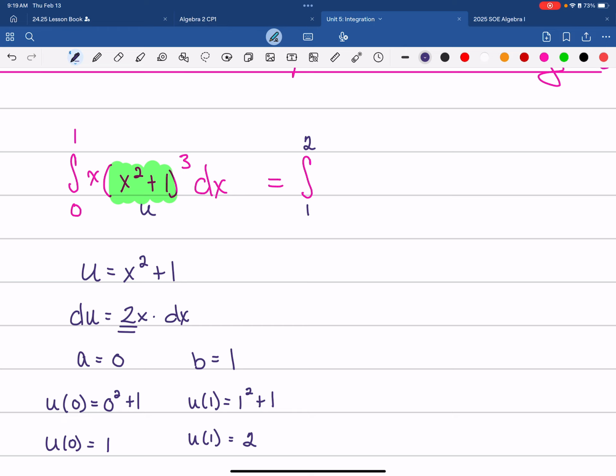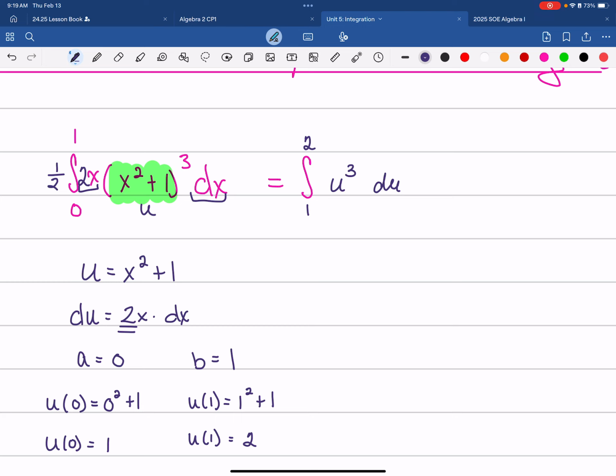So as a reminder from last class, I went ahead and slid a 2 right here, which means I need to multiply by 1/2 because 1/2 times 2 equals 1. So the same rules apply for what we did before. So I have my 2x dx, that's my du, and I have my u to the third power. And so now I have that rewritten in terms of u.